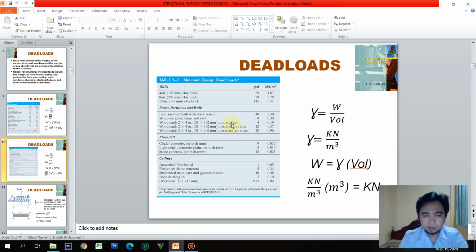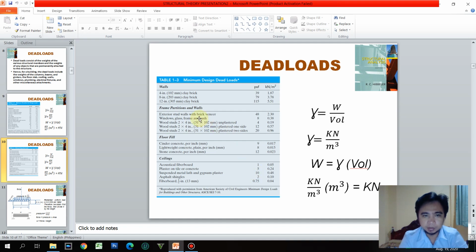So again, we have another table here, table 1-3, minimum design dead loads. This time it is in terms of pressure or kilonewton per square meter. So all of these were derived through table 1-2, only that it is being multiplied by a distance, so that it will be in terms of thickness.